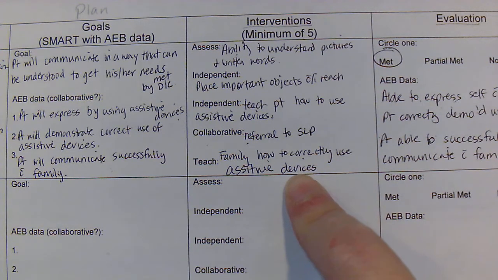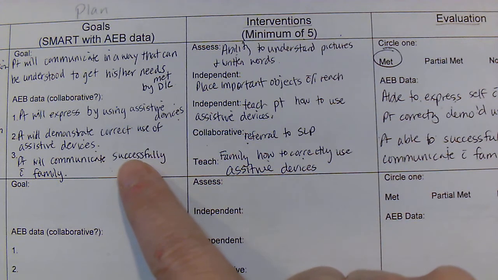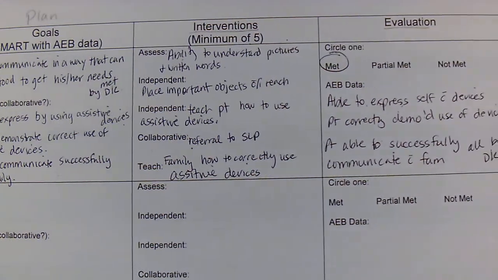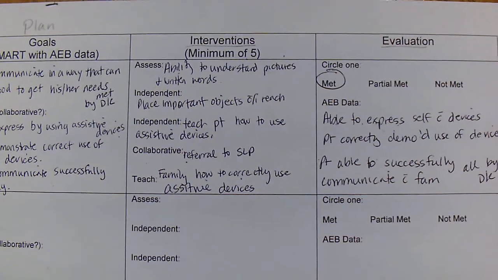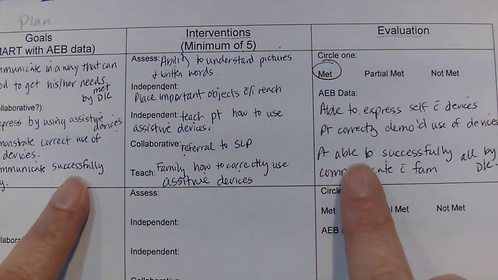So all of our interventions get us to these goals over here. And then at the end, we're going to do our evaluation, and we're going to evaluate each goal that we have.